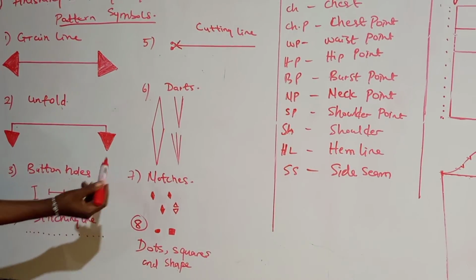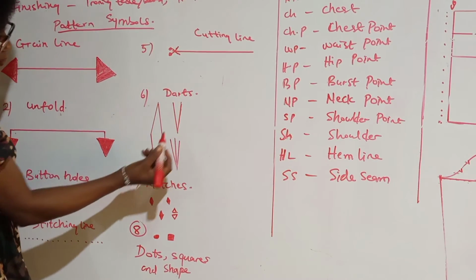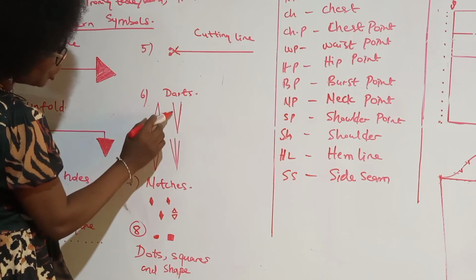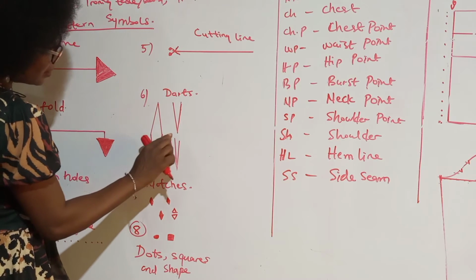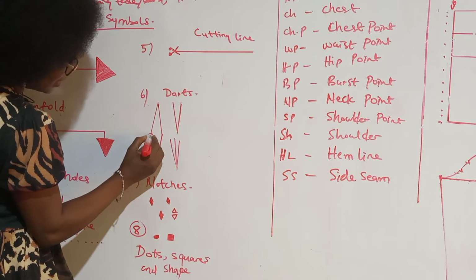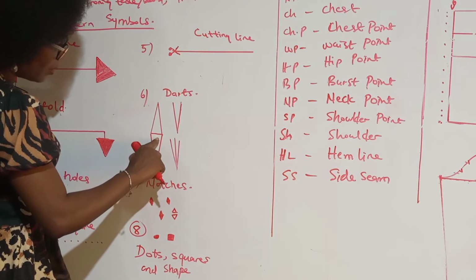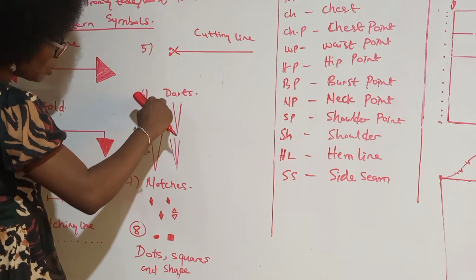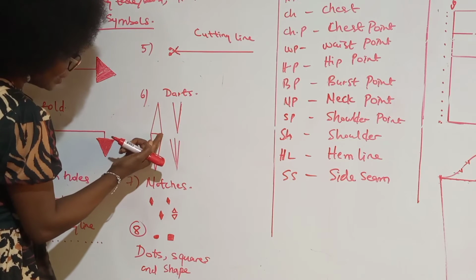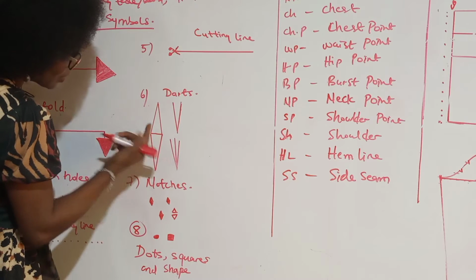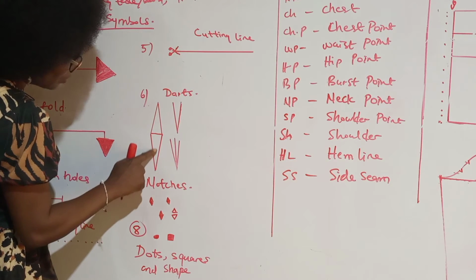Then another symbol is the dart. Look at this. A dart is just like a V shape. If you look at this, it is a full leg dart. This you see on a gown or on a dress because it runs from the upper part. This is your midline, probably around your waistline. So this is the upper part, this is the lower part.